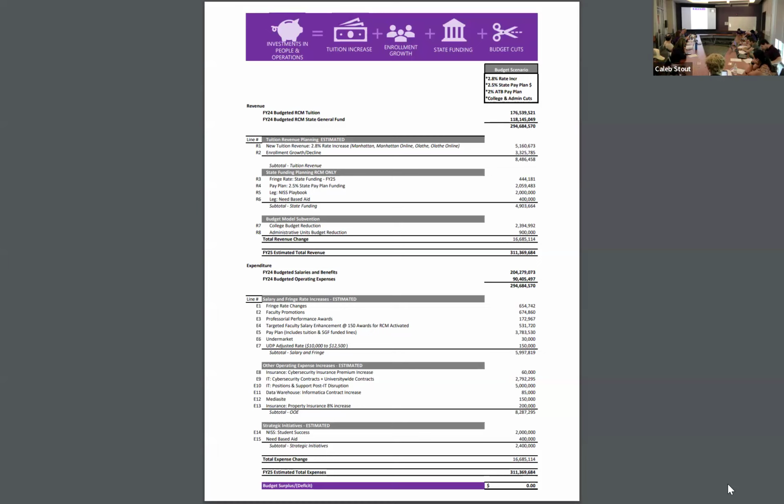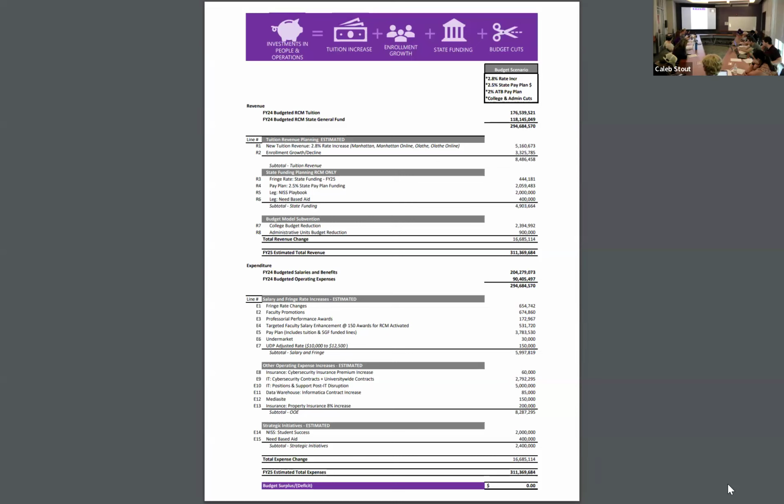We would get funding from the state for a pay plan at 2.5%. I'll get into some nuances there. We would, as an institution, do a 2% across the board salary increase for our faculty and staff. And then, as noted, there are some college and administration areas whose budgets would be cut and realigned into our funding priorities for the year.